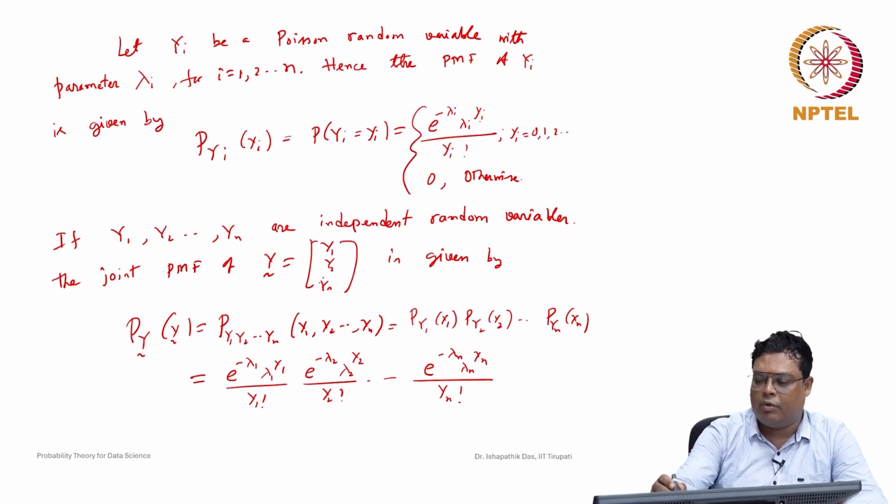So by this we can find the joint probability function.